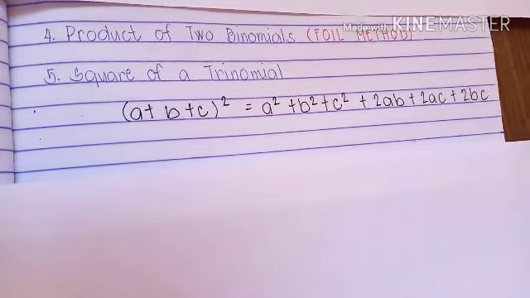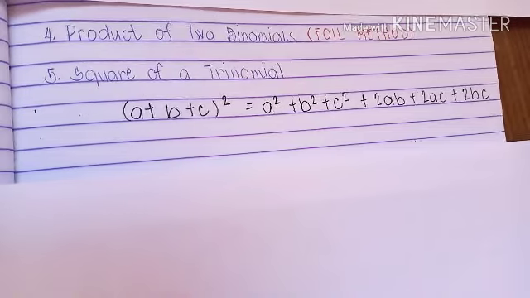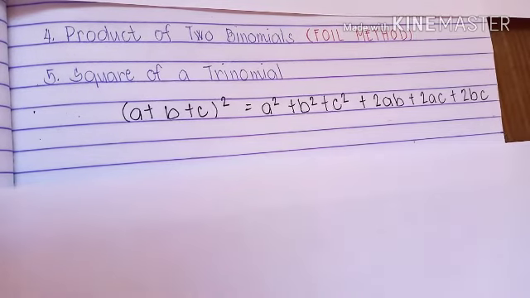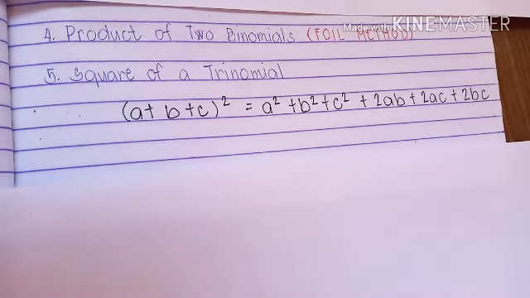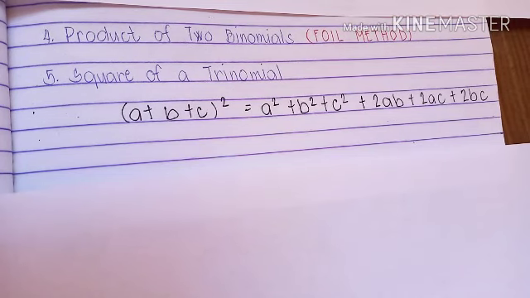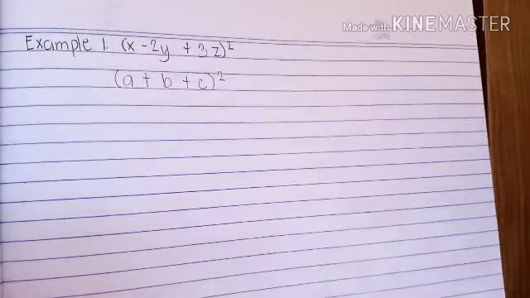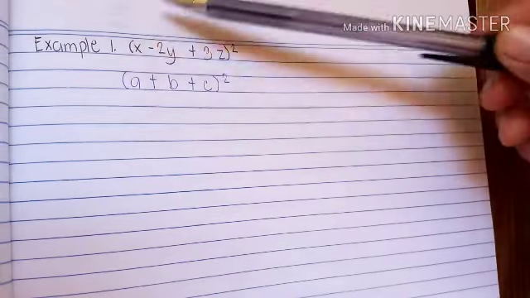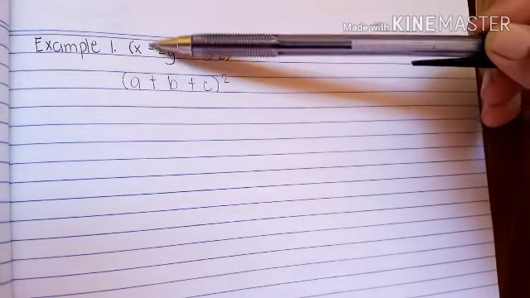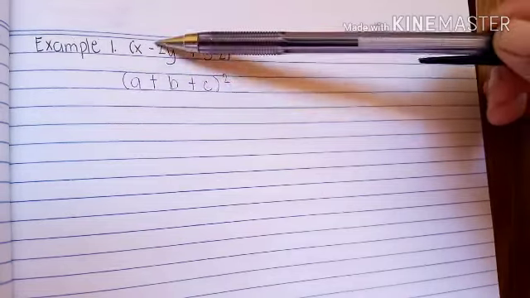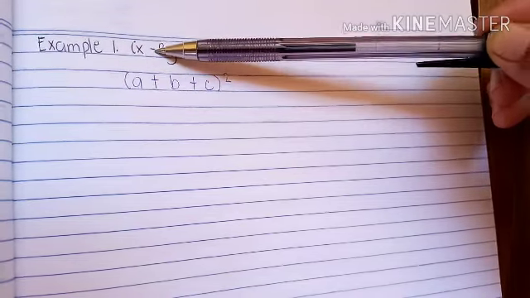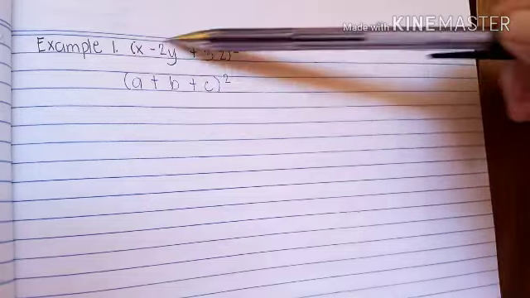Now since we discussed this in the past few weeks, let's proceed with number 5, which is the square of a trinomial, and this has the longest formula. Let's have example number 1. But we have here a minus. So the problem is that it has to be plus for us to follow the formula.